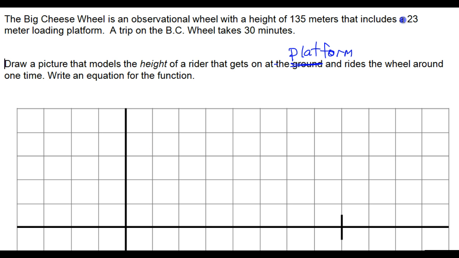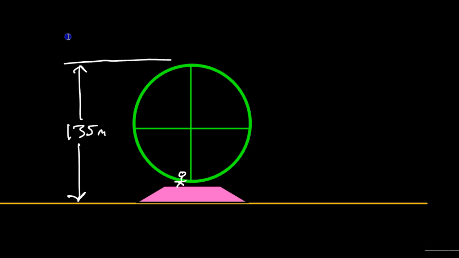It includes a 23-meter platform. So this little platform down here, this little height right here, is 23 meters off the ground. That's good to know.